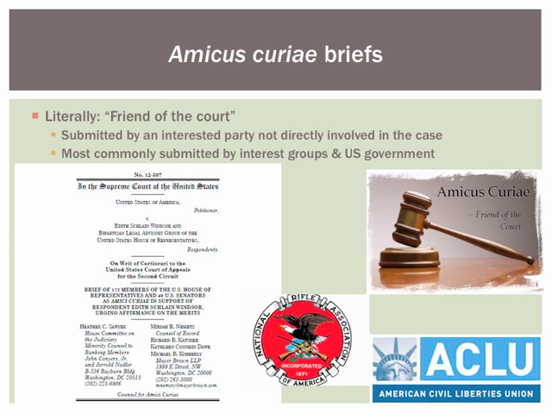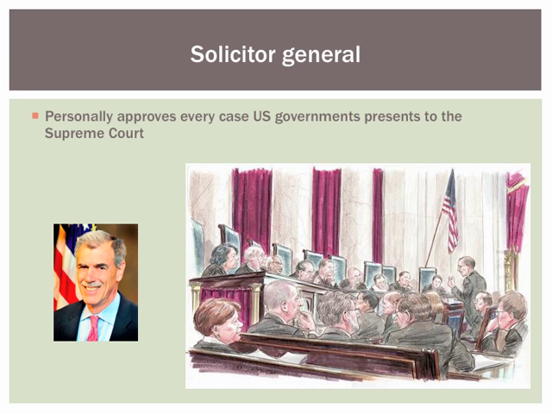So amicus curiae briefs are most commonly submitted by two groups, interest groups and the U.S. federal government. The Solicitor General is the third-ranking person in the Justice Department. Why we care about that person is that they personally approve every case the U.S. government presents to the Supreme Court.